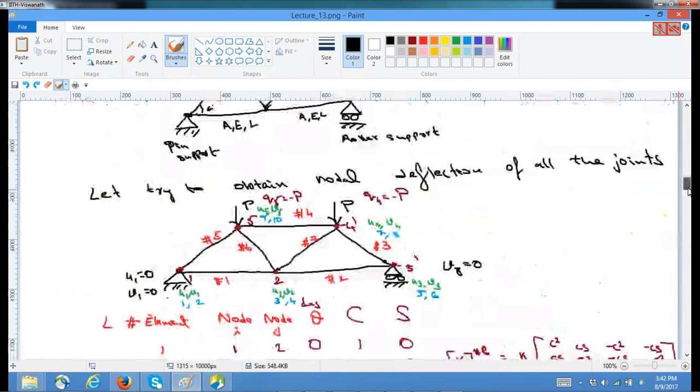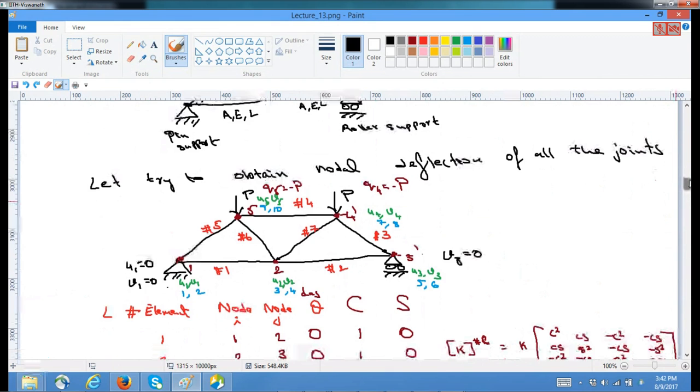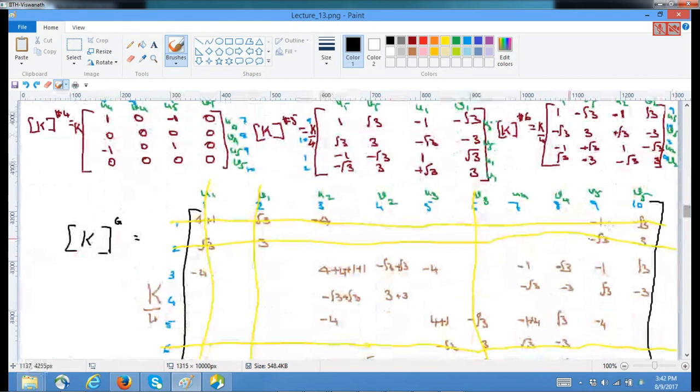For example, if you look at this place, you have stiffness coming from this element, this element, this element, and this element. So for these degrees of freedom, you have at least 4 entries at these places. That's the reason you can see that at some places you have as many as 4 entries coming from different elements.